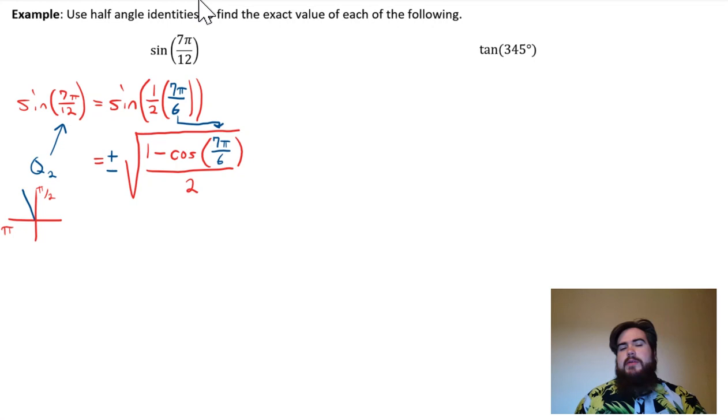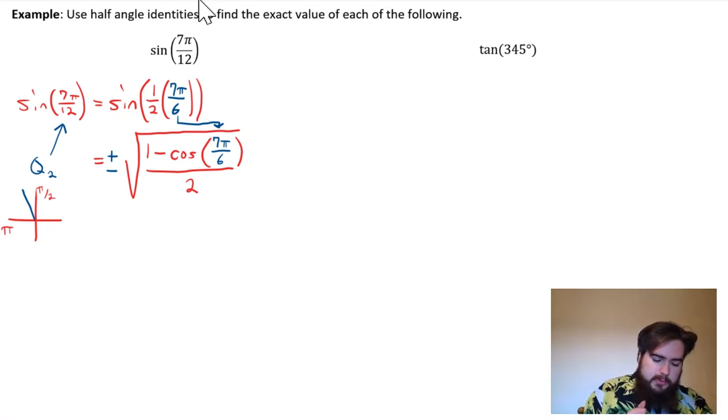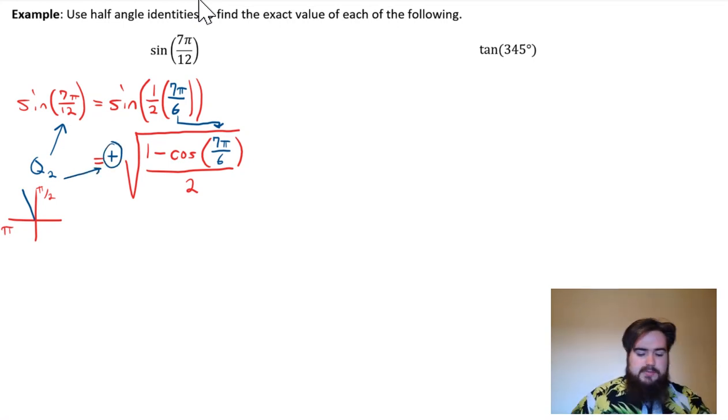Keep in mind that we are evaluating sine of this angle measure. Therefore, since we know the angle is in quadrant 2 and we're evaluating sine, the result should end up being positive because sine is positive in quadrant 2. So because it's quadrant 2, we will be using a positive here in front.